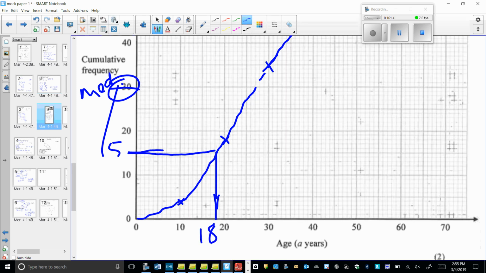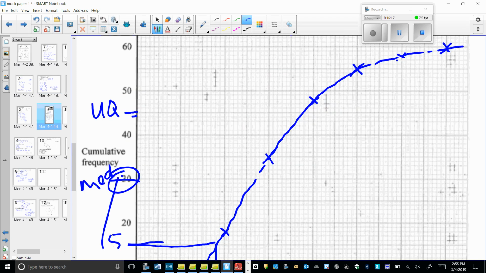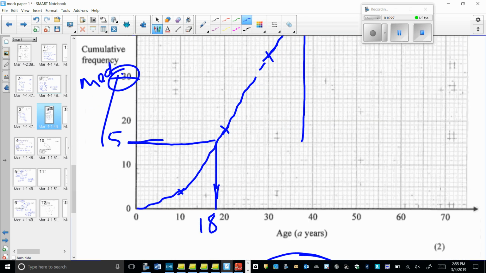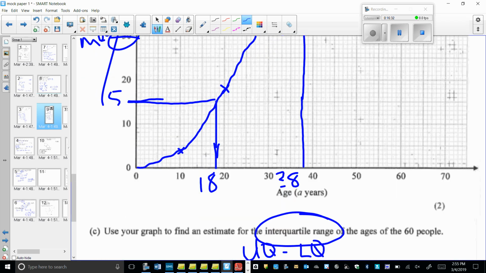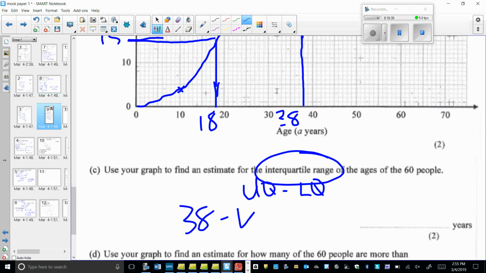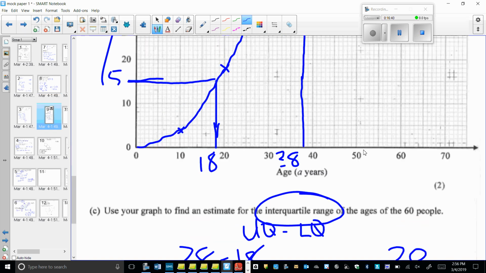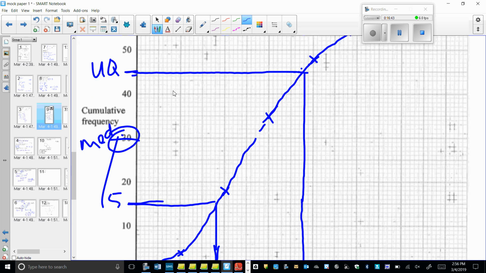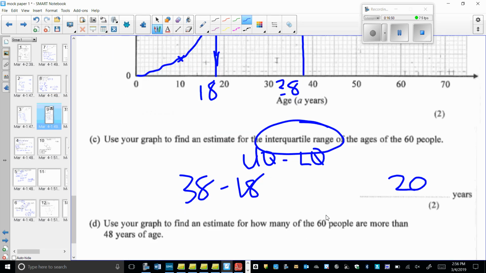So that's 18, and then this one is 38, so 38 minus 18 is 20. As long as you use your graph and your lines, and you've shown them on here, you can get the answer. So it should be around 19 is what they've said.